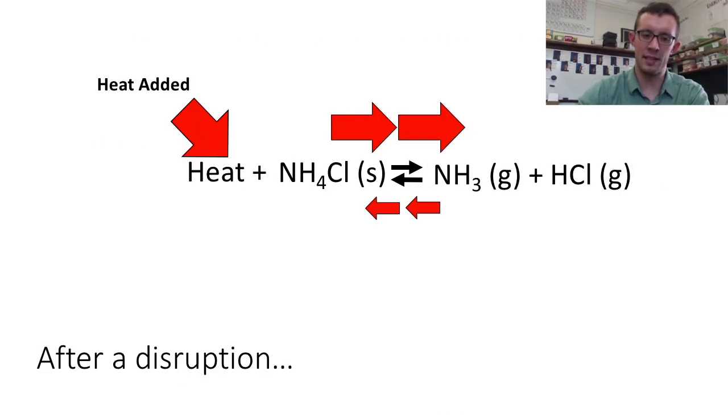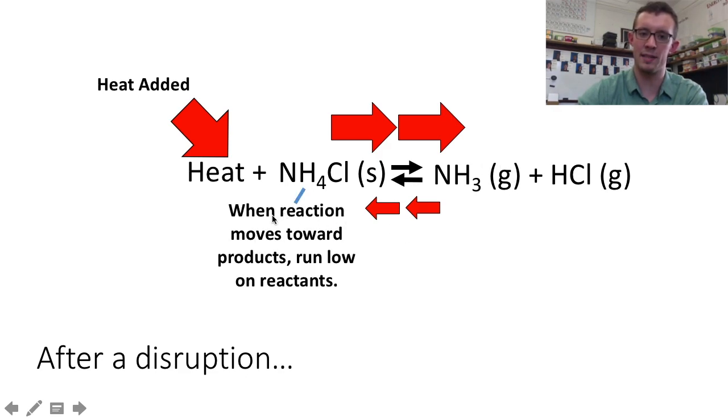Now what's interesting is that after a disruption to equilibrium occurs, the system will find a way to re-equilibrate, to regain equilibrium. So in our example, when we added heat to this system and we started producing products faster than we were converting back to reactants, what would end up happening is that eventually our reactants would run low.